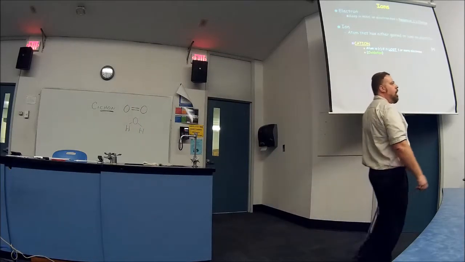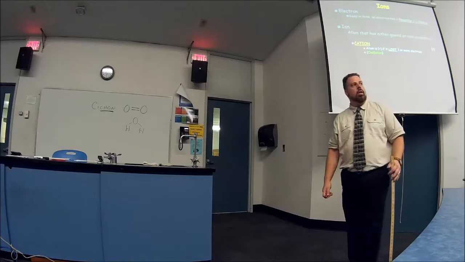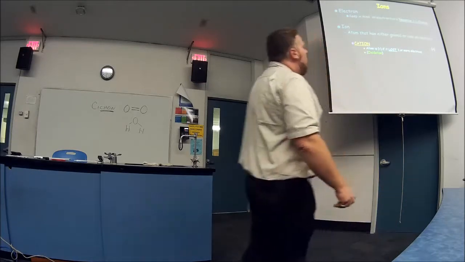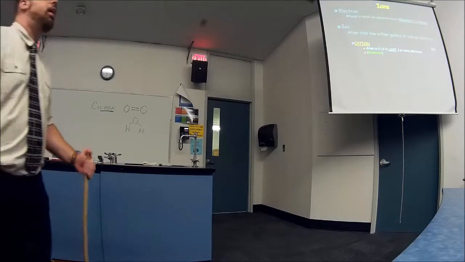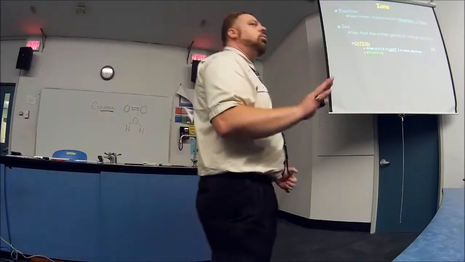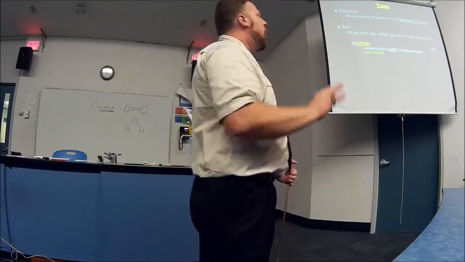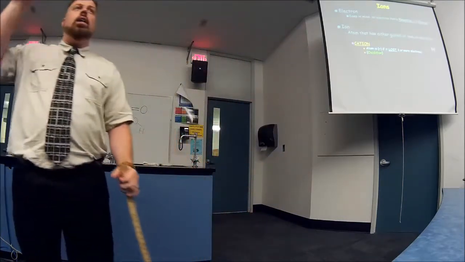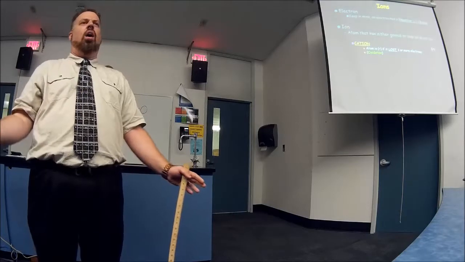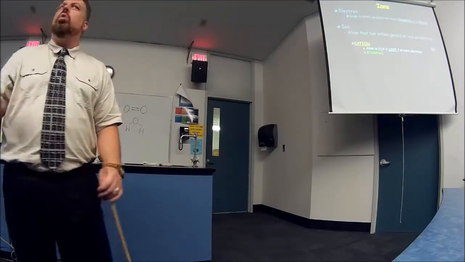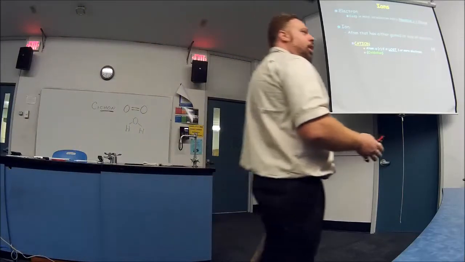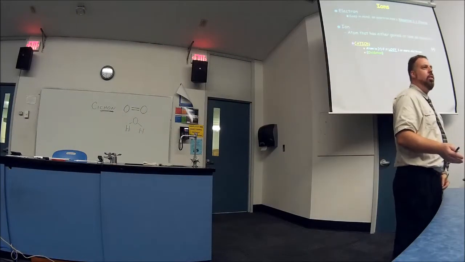Now, a cation has a positive charge to it. This is where it gets confusing, but I'll show you something on the board to make sense. If you lose an electron, it becomes positive. We call this oxidation. You lose an electron, it becomes positive.